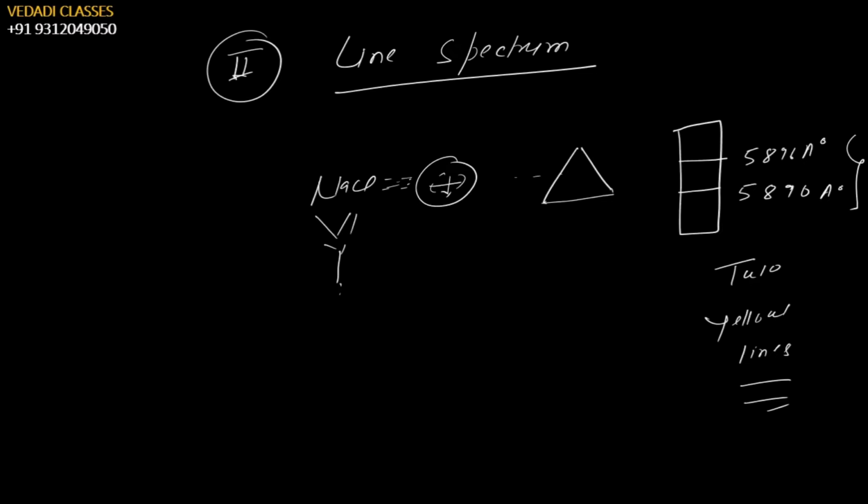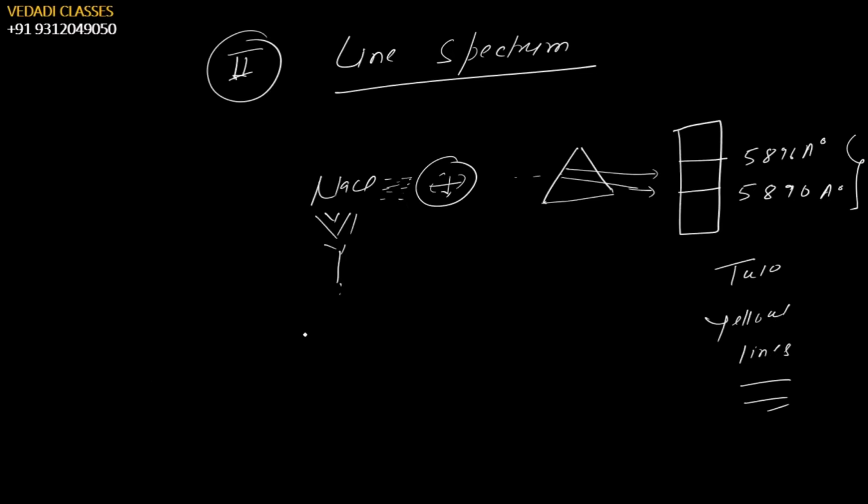So the line spectrum is a discontinuous spectrum because it is not observed directly through the spectroscope. First we take salt and burn it, and the light passes through the prism, and when you obtain these radiations on the photographic plate, that is known as the line spectrum.